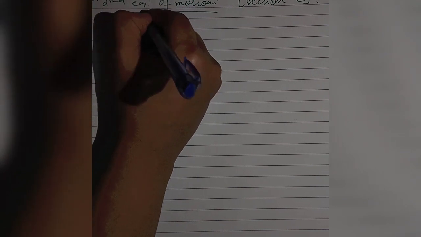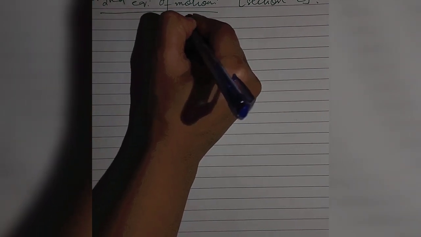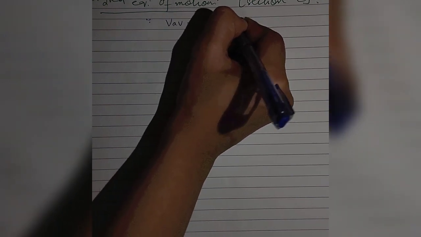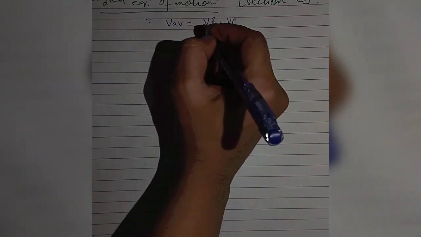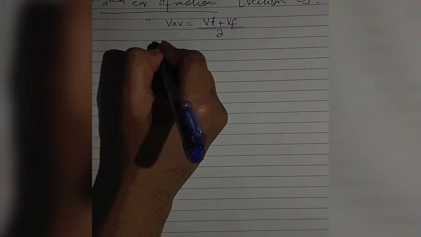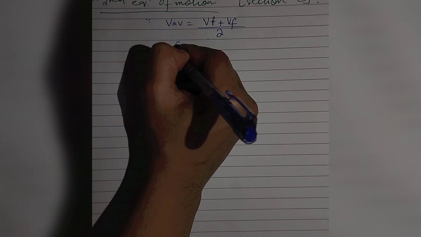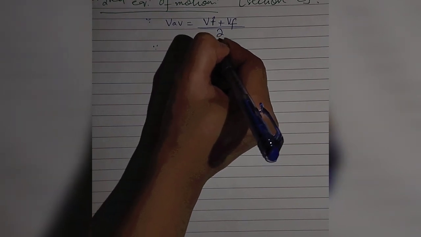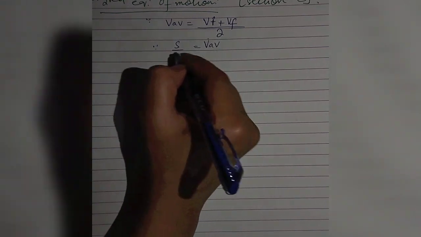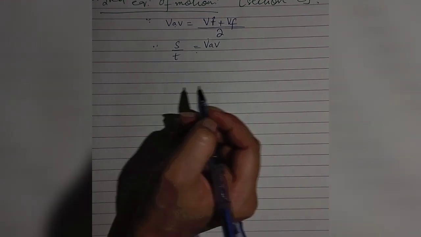Let's say average velocity is equal to (Vi plus Vf) upon 2. Keep in mind, average is basically the sum of quantities divided by the number of quantities. Also, we know that distance upon time is equal to velocity, or simply average velocity. Let's put this expression over here.